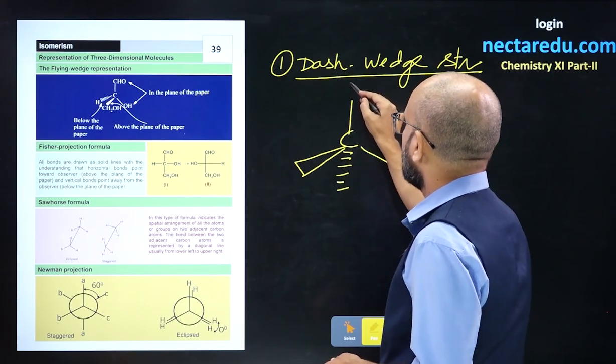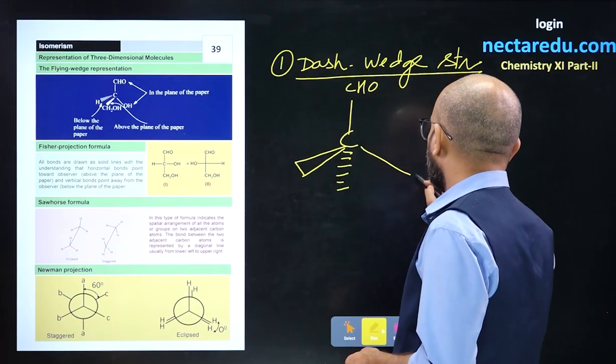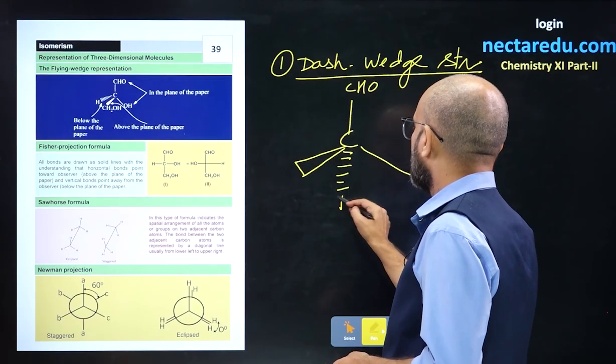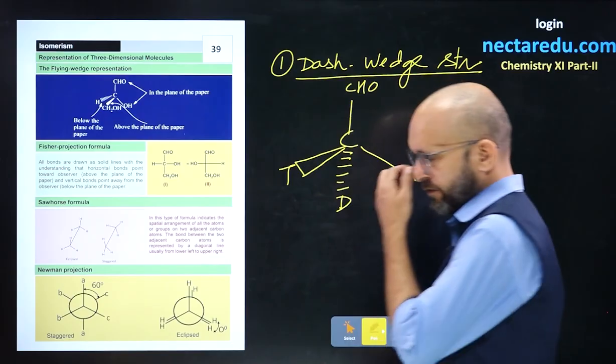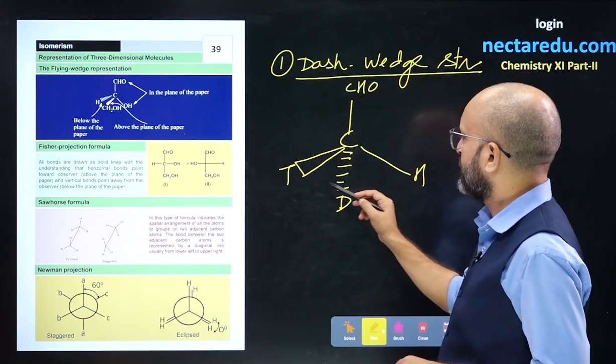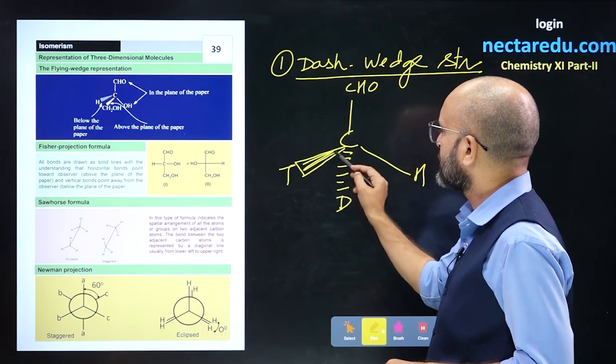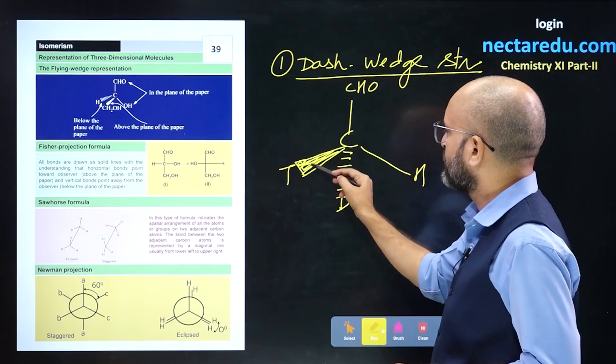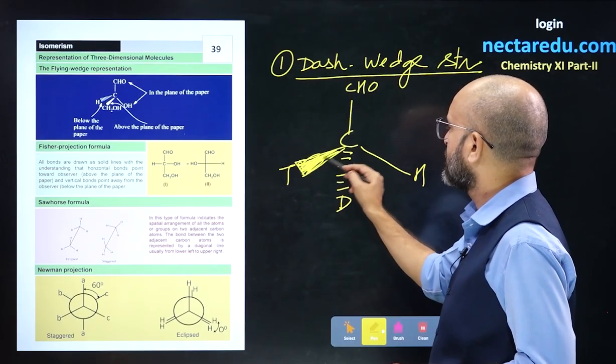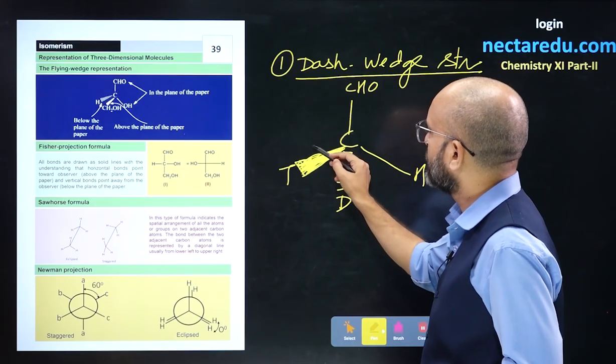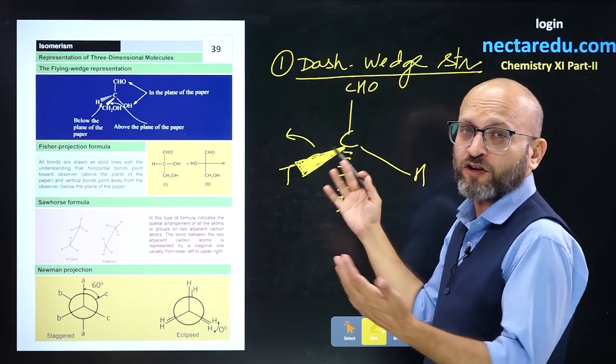If I take three groups, something like this will be mostly shaded. Something like this means this bond is towards the observer.